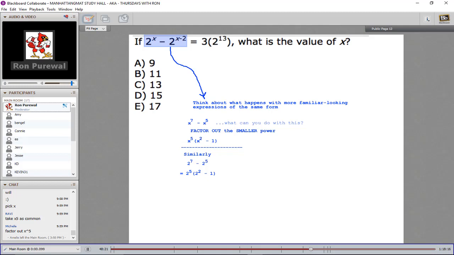So the next thing, if it's 2 to the x minus 2 to the x minus 2, the small power is x minus 2, so you pull that out. And when you take x minus 2 away from x, you get 2. So this is actually the same as this.